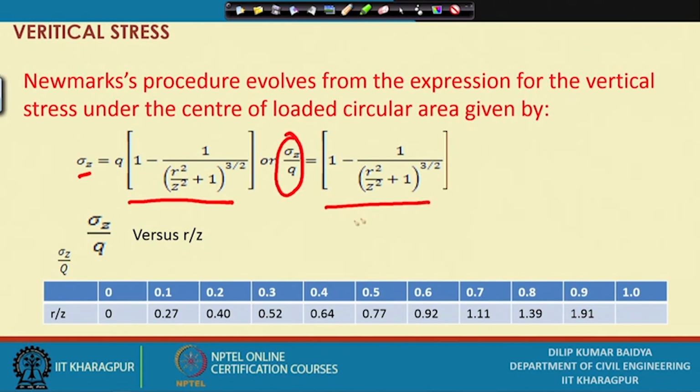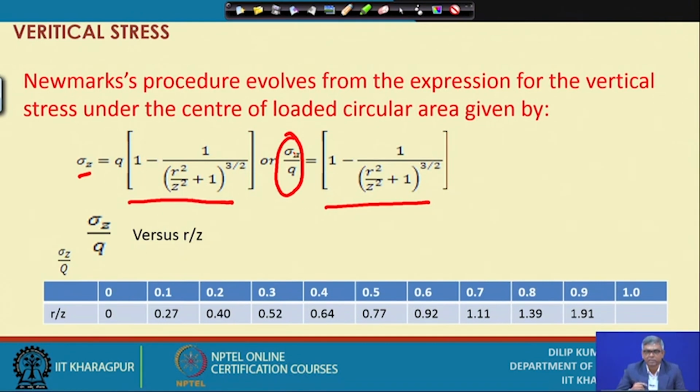If I want sigma z by q to be 0.1, 0.2, 0.3, it means the pressure is 10%, 20%, 30% of whatever pressure is applied to the surface. So, if it is 0.1, it is nothing but 10% of the surface loading.